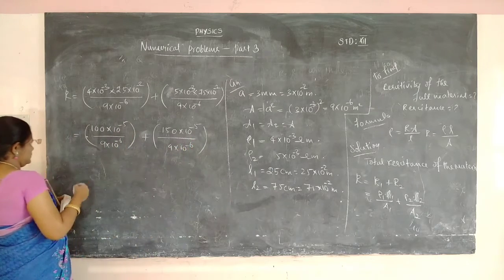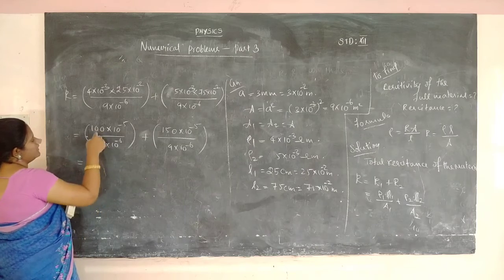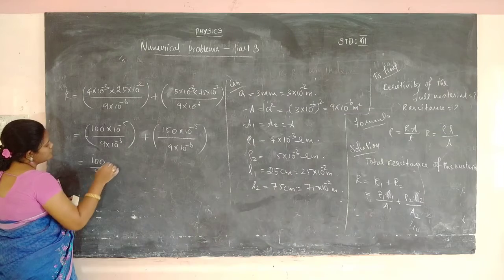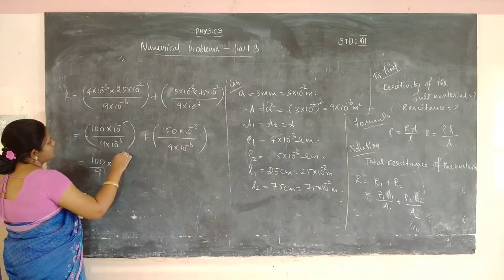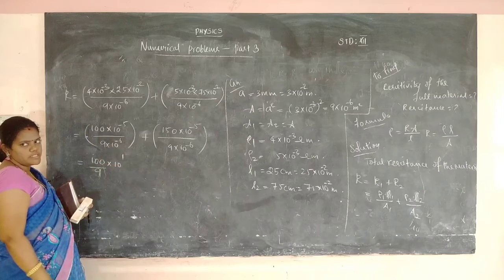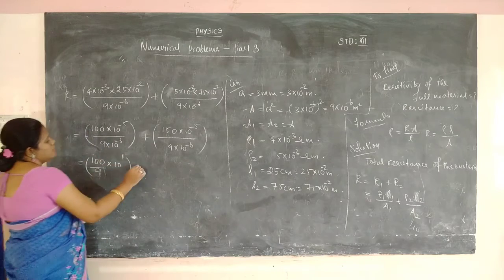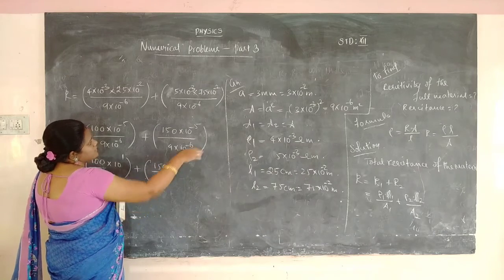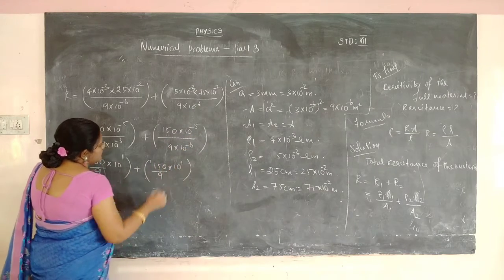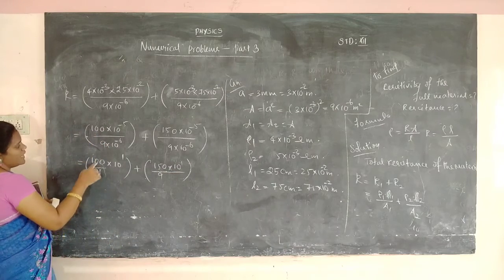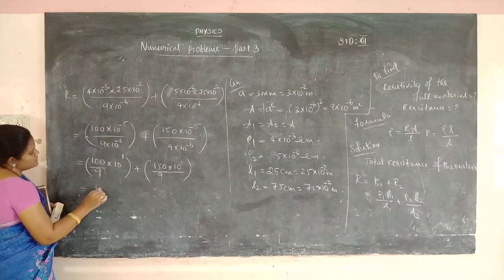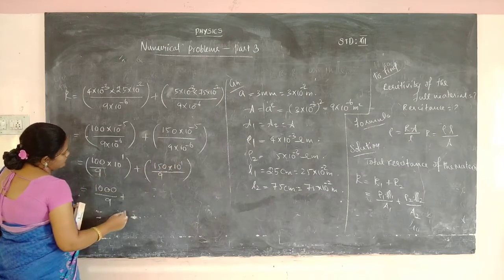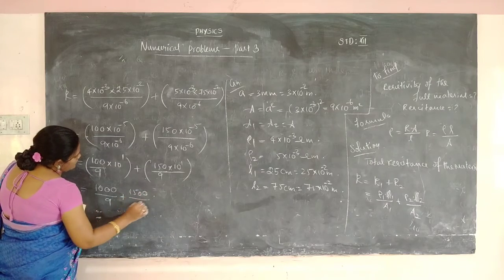So 100 by 9 into 10 power 1, since 10 power minus 6 goes to the numerator, plus 375 by 9 into 10 power 1. Then 100 into 10 is 1000, so 1000 by 9 plus 3750 by 9.